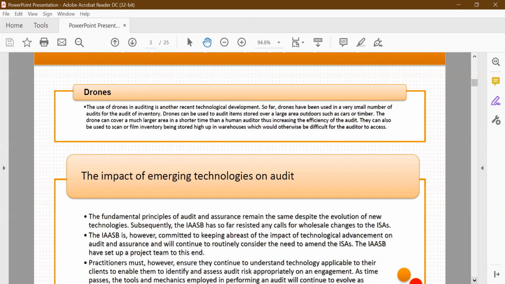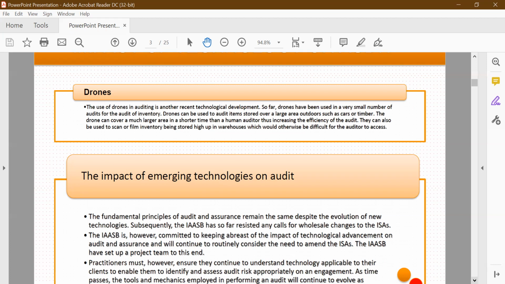And so far, drones have been used in a very small number of audits for the inventory audits, right? But what drones help to do is to cover a larger area where inventory is located in a shorter amount of time than a human auditor will be able to do.